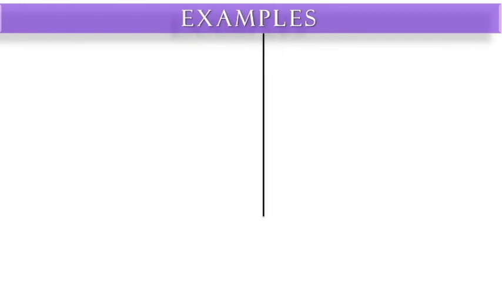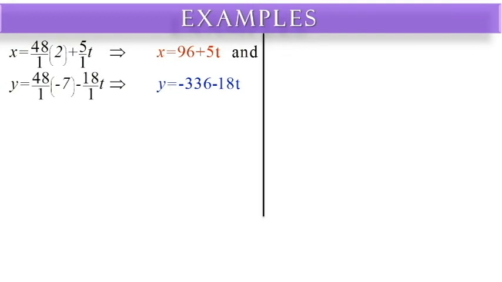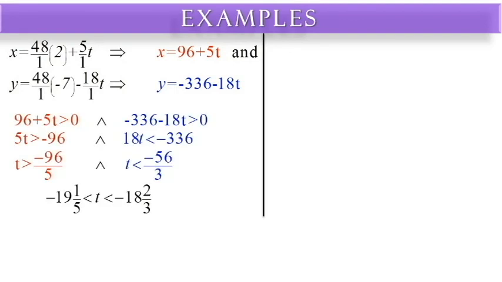But wait, we have to determine all solutions in the positive integers of 18x plus 5y equals 48. So from the given, x is equal to 96 plus 5t and y is equal to negative 336 minus 18t, we have to know the positive integer solutions of x and y.